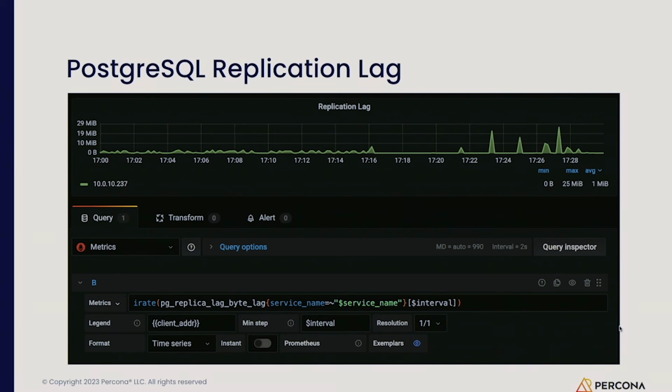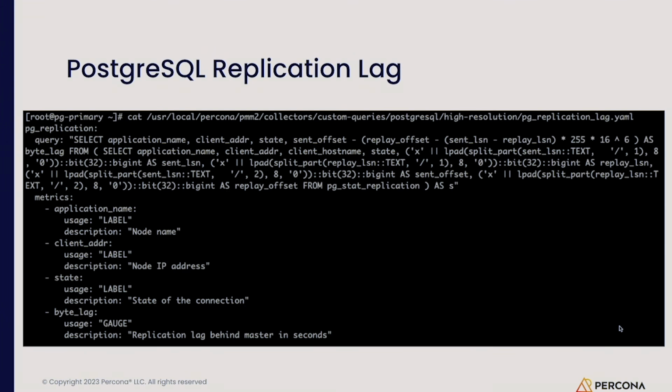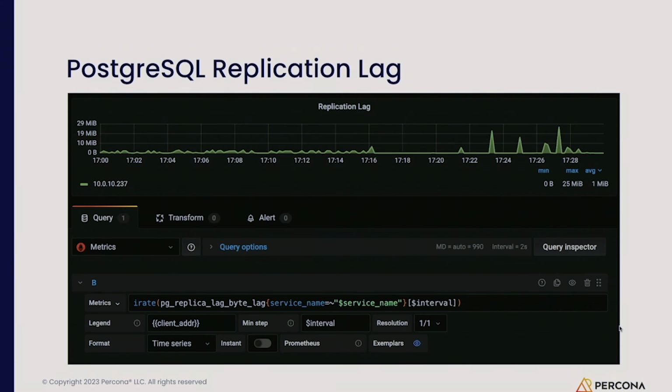So you are going to take the metric and you are going to apply the irate function. This is a metric as we saw before. It's PG replica, which was the namespace, and then the name of the metric itself defined here. In this case, clearly this example is not matching the one here because this is lag byte lag.